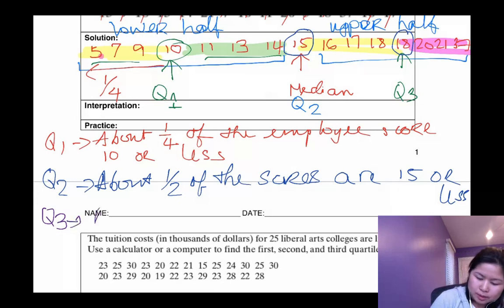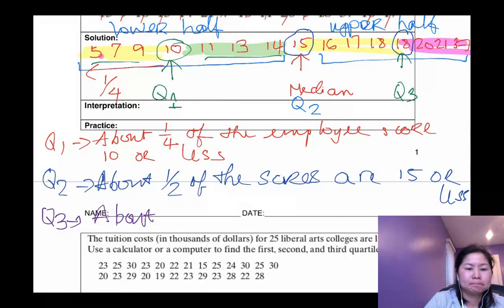About how many? Anyone would like to guess? Thank you, Diego. About 3/4 of the score is going to be 18 or less.